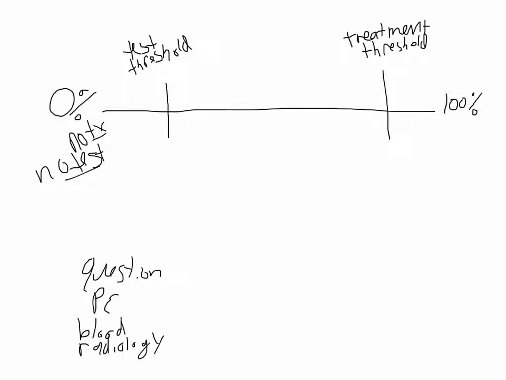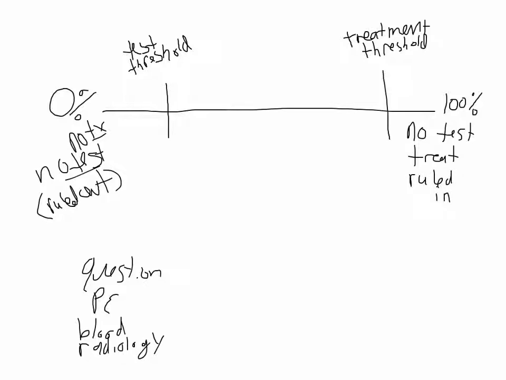And then you have the treatment threshold where the probability of you having the disease is so high that you need no more testing, you just treat it. So this is what we would call ruled out. You rule out a disease, and this would be called ruled in. But then we have this whole spectrum between here and here where the disease is neither ruled out nor ruled in, so we don't know whether or not to treat it.